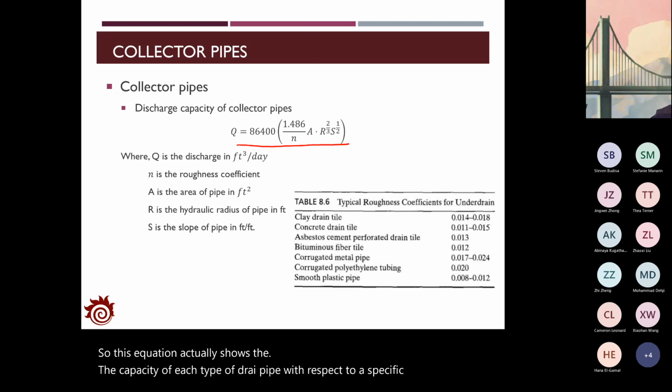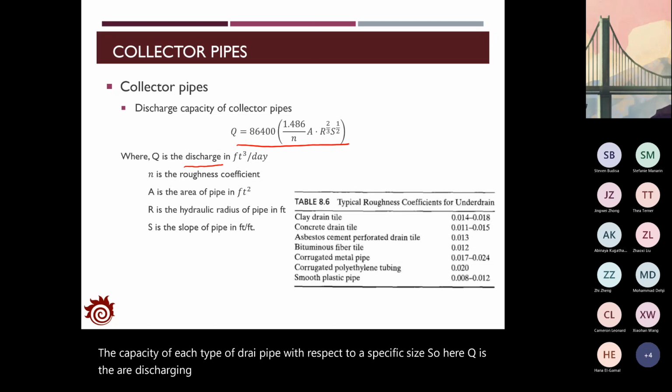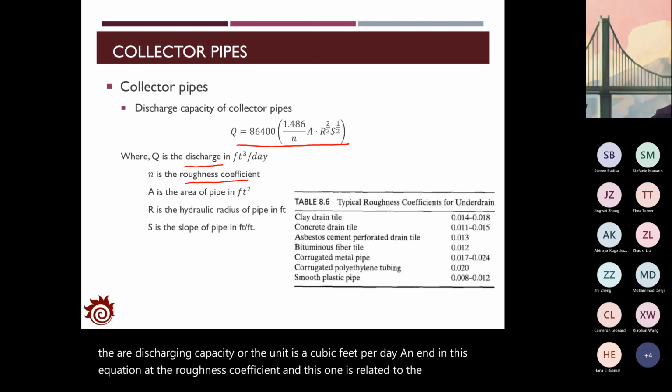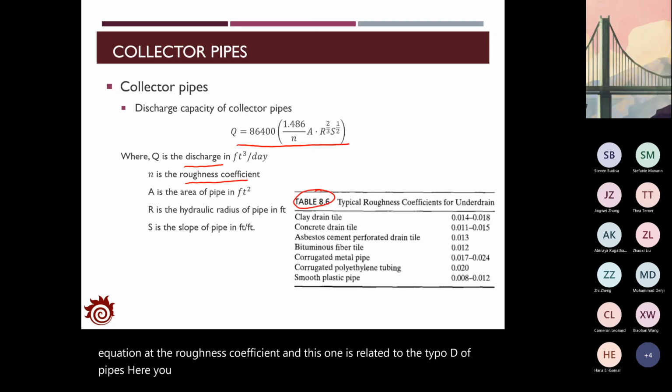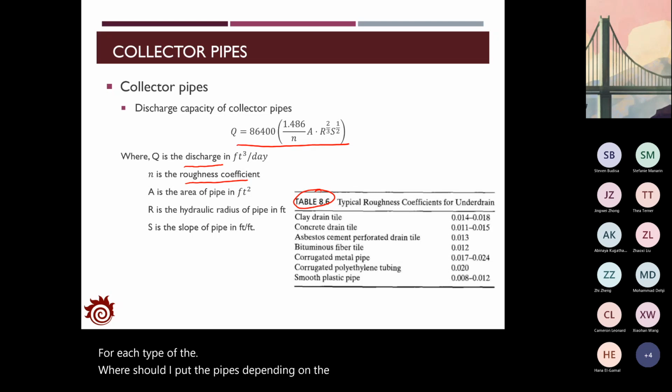Here Q is the discharging capacity. The unit is cubic feet per day. And n in this equation is the roughness coefficient, which is related to the type of the pipes. Here you can find the roughness coefficient for each type of pipe, depending on the materials of the pipes.